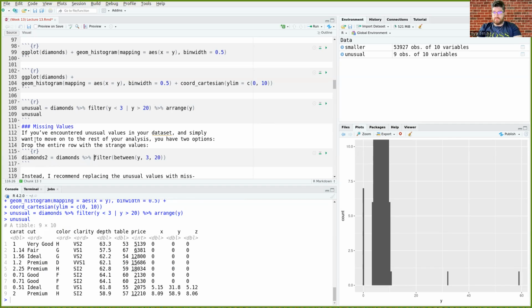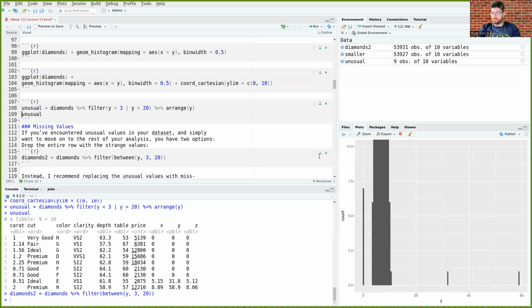So for unusual values, we can filter, and this filter is the same kind of thing as here: between 3 and 20. Now our diamonds2 data set is equal to diamonds without these 9 observations, because unusual is only the 9 observations which are less and more than those borders.